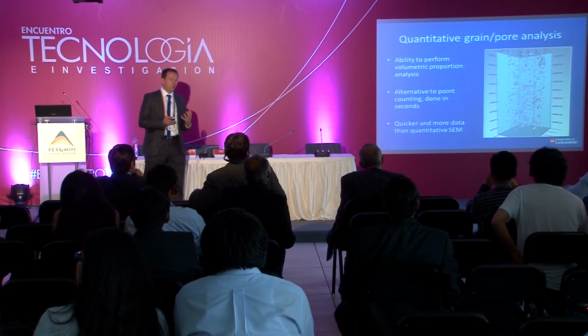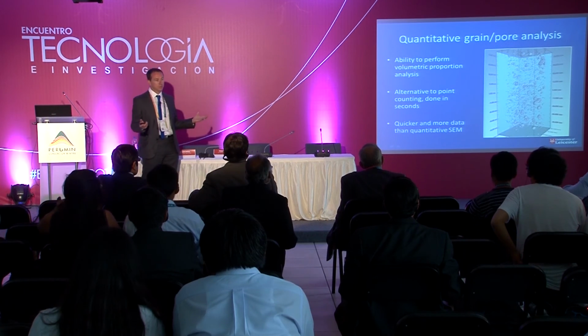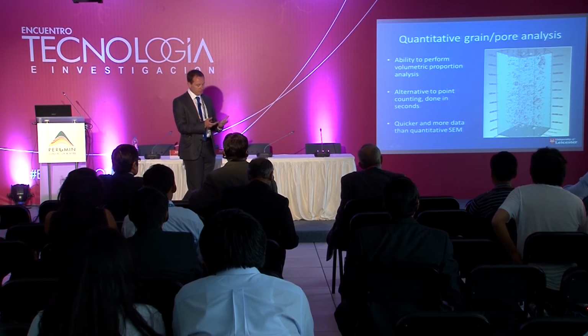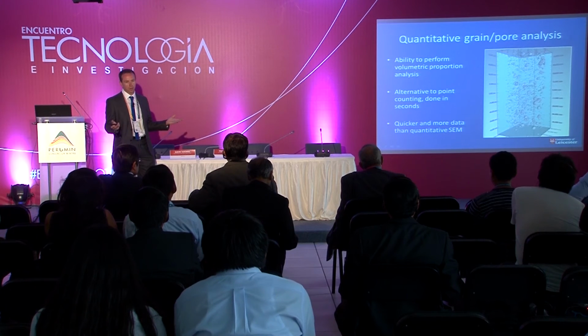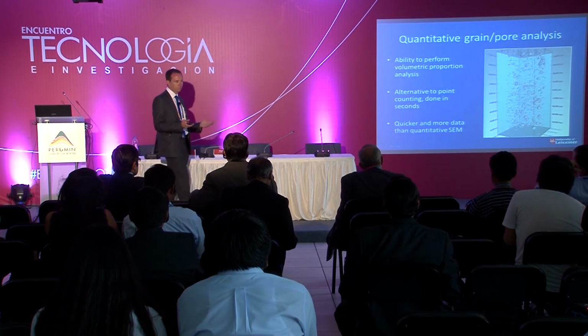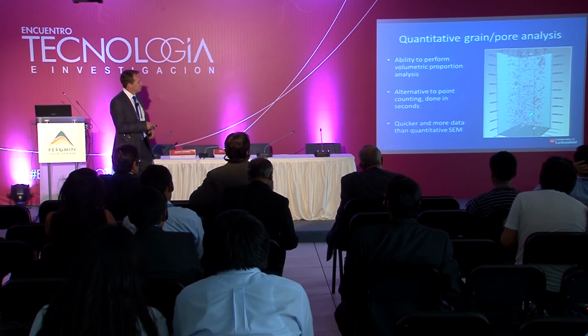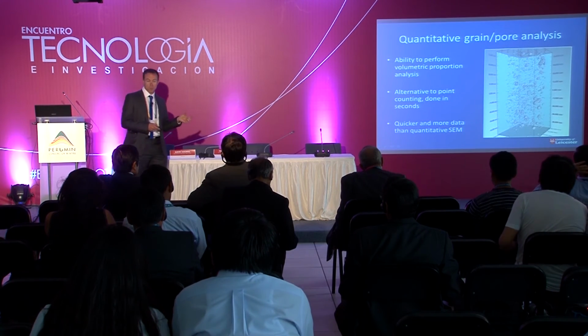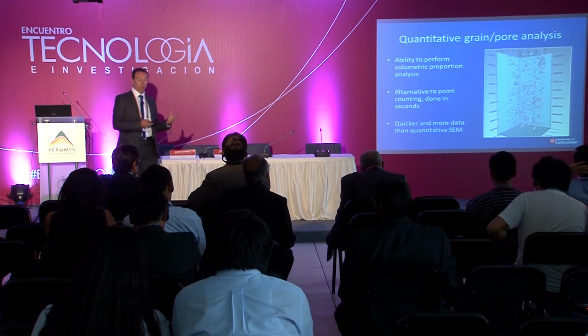You can perform volumetric proportion analysis. So this could be as simple as how much pyroxene, plagioclase, and olivine have I got in my olivine gabbro. You can do that. You can flip it the other way and say how much pore space have I got in there, and do volumetric proportional analysis.